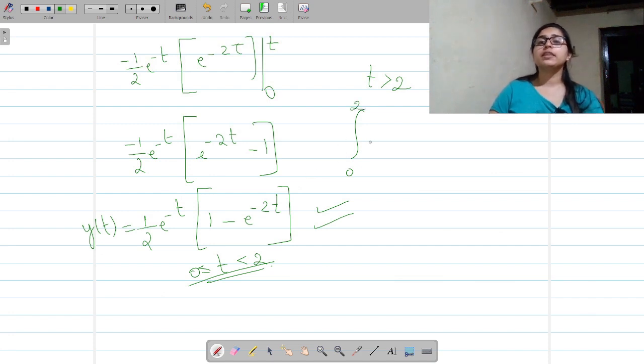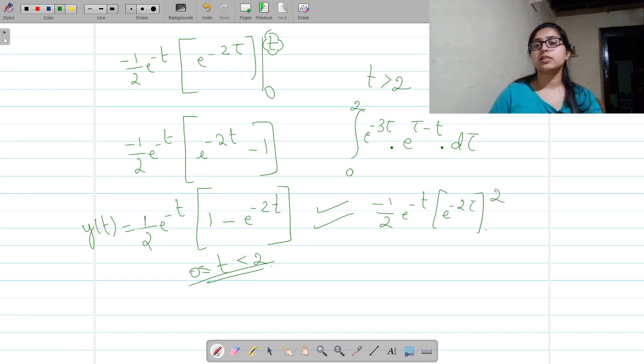And now everything is the same: e to the power of minus 3 tau, e to the power of tau minus t, into d tau. Everything is the same. Just in place of this t, we are going to write 2 and 0.